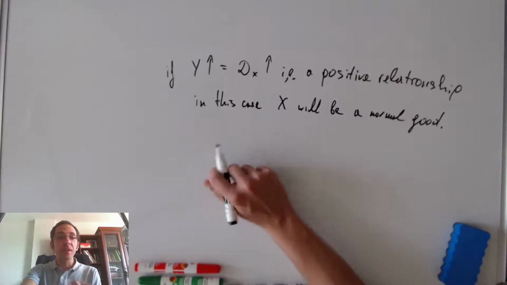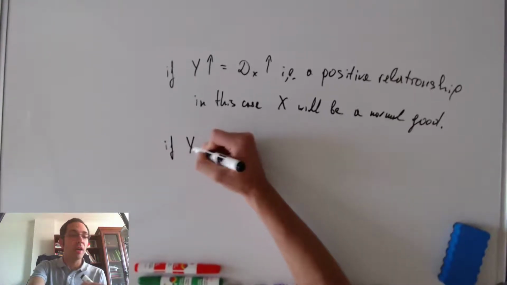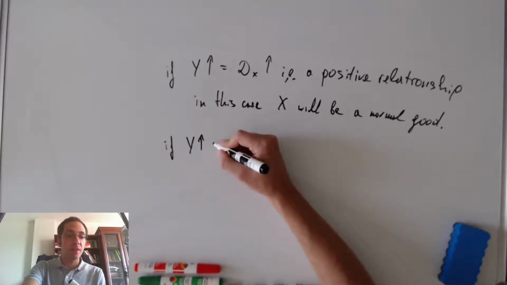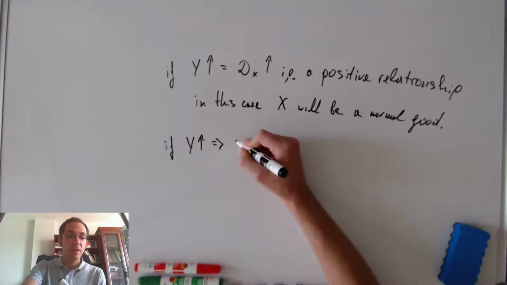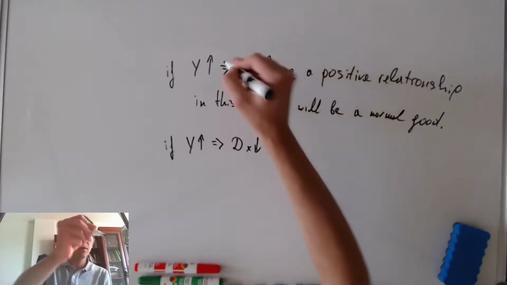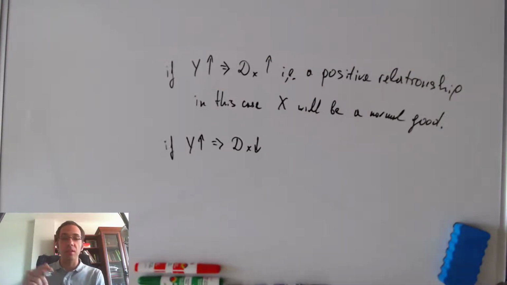Sometimes, however, we can observe a negative relationship. So if Y increases, so let's say a person is getting richer, we might see that the demand for X will be decreasing. Oh, by the way, this should be an arrow. So if Y increases, the demand for X should be decreasing.